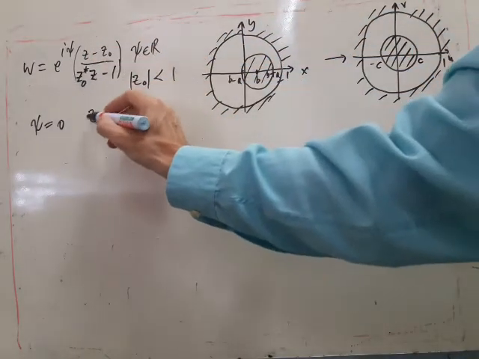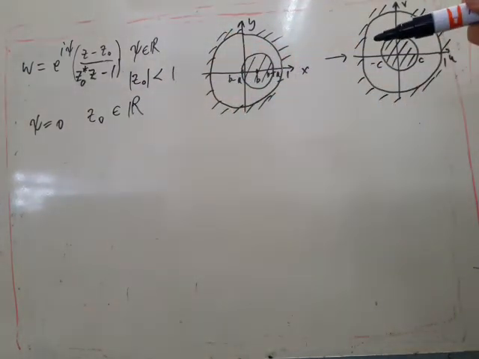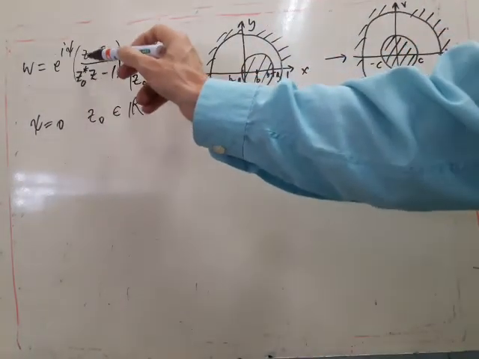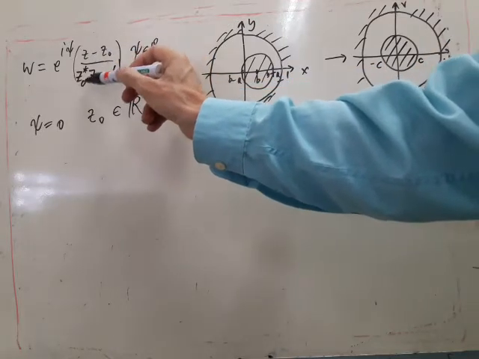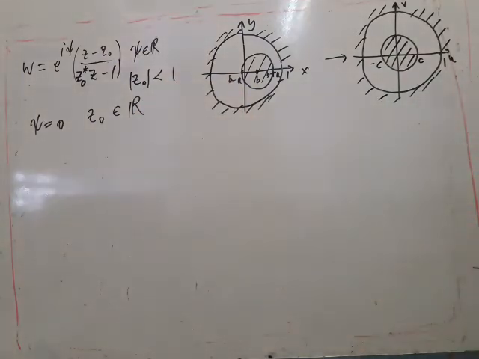So z0 needs to be real as well. That way you can see that this will be 1. If z is real, then we've got real minus real divided by real minus real. So this is all real.